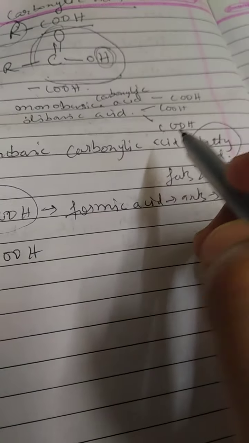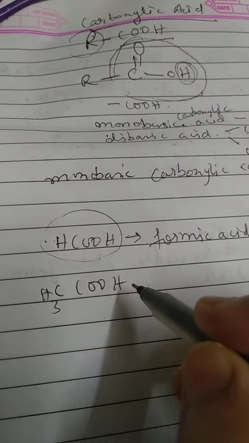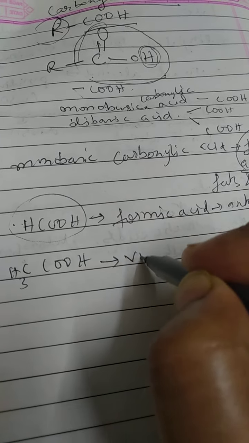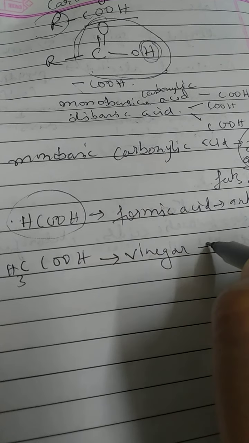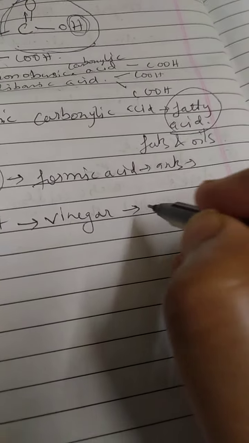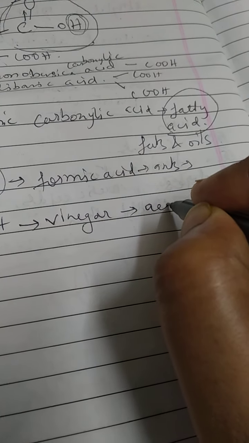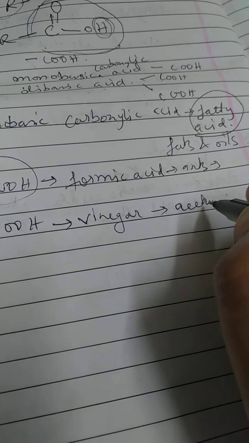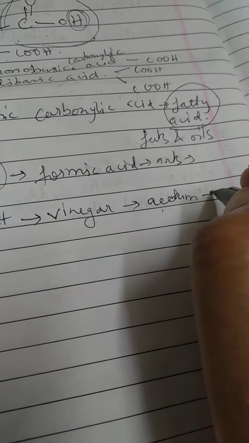So hence the name is formic acid. Similarly, CH3COOH is obtained from vinegar, and in Latin it is named acetum. Okay, so from there the name acetic acid comes.